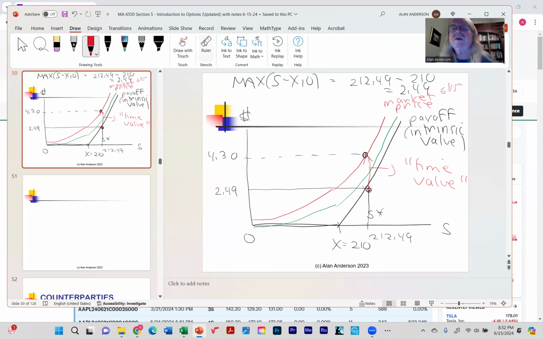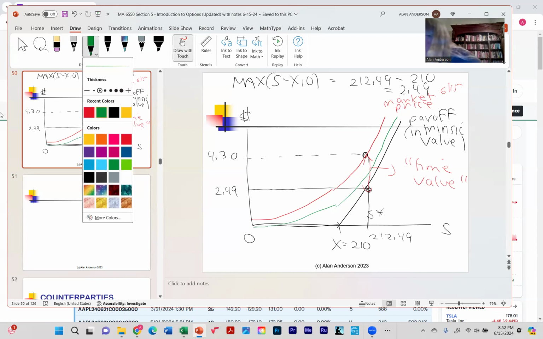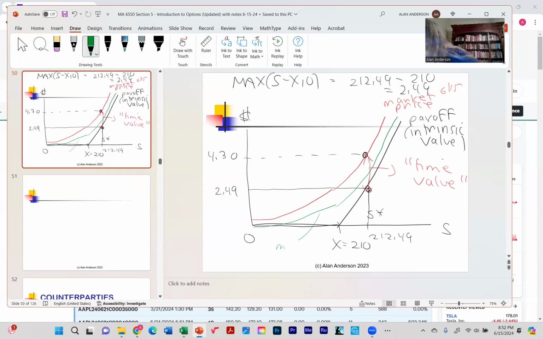And then the green one could be the market price, let's say, on June 18th. So you see what's happening is the market price curve is getting closer and closer to the payoff profile. And on the expiration date, the two will exactly coincide with each other because the time value is shrinking.